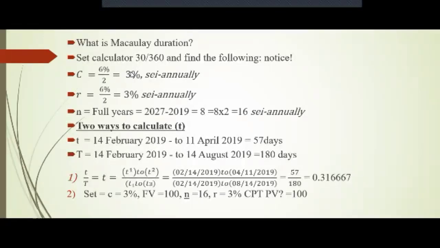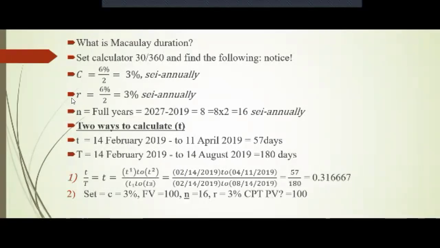So 57 divided by 180, here we will get 0.316667. Okay, so we need to calculate PV, the present value. When the coupon rate equals the interest rate, that means the present value should equal the future value.